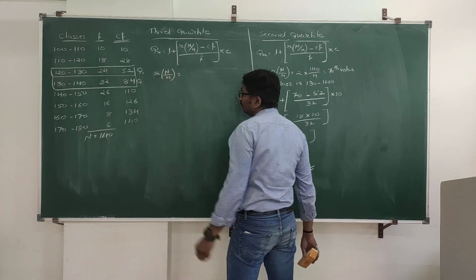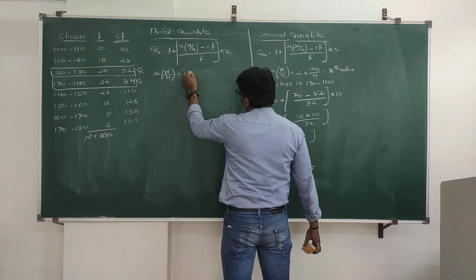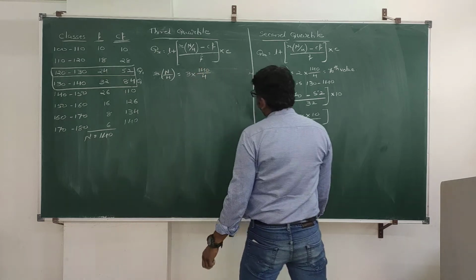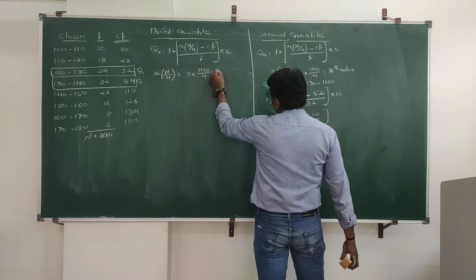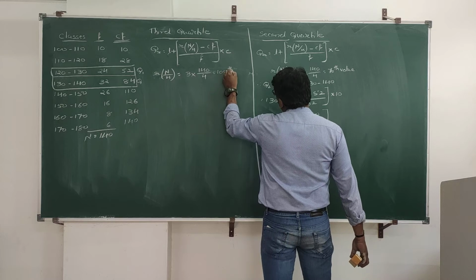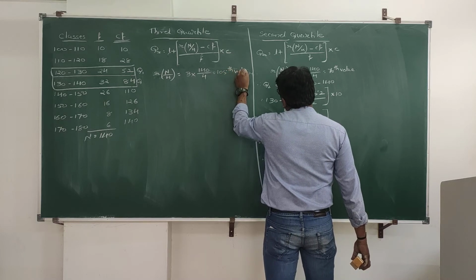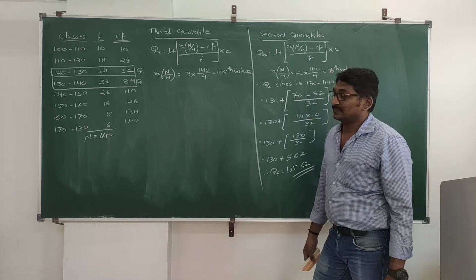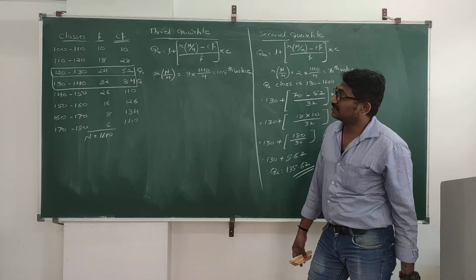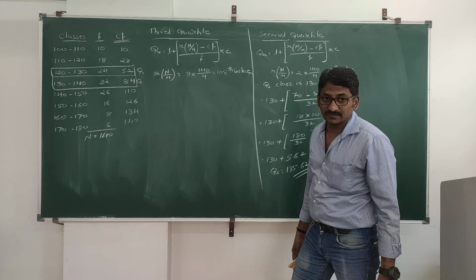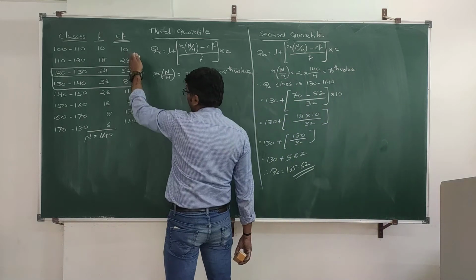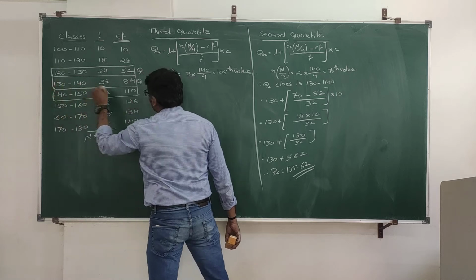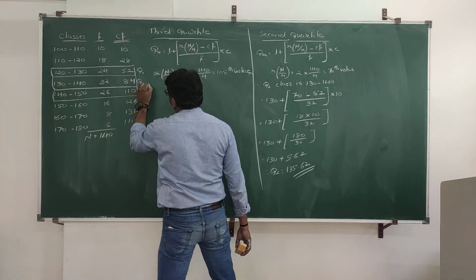What will be the r value? 3, into n which is 140, divided by 4. 105th value. Check this 105 in the CF column. Where does it come? 105 comes under 110, right? So this is the class. Mark it right here as Q3.